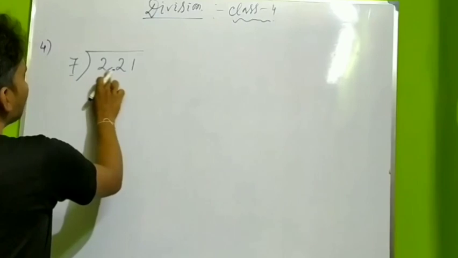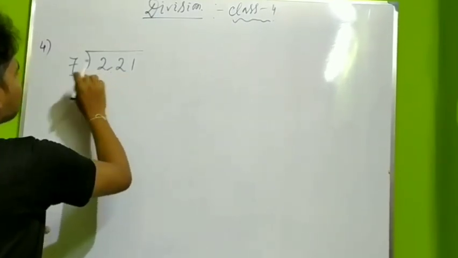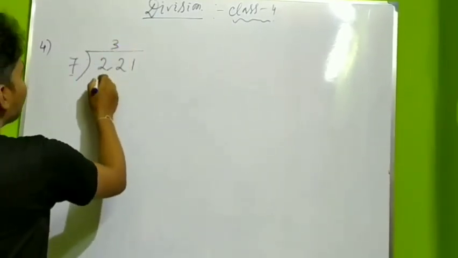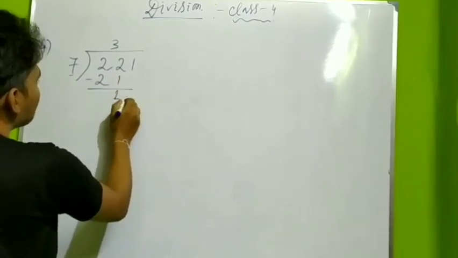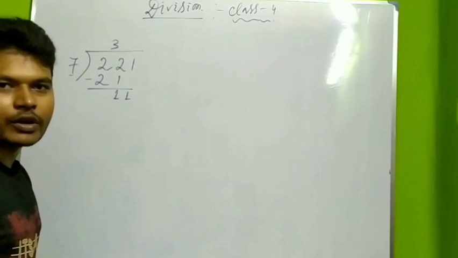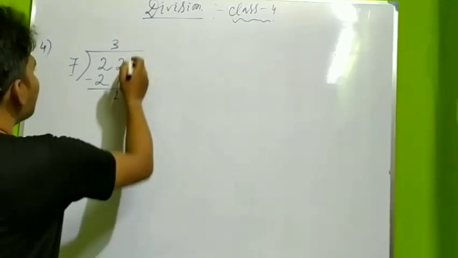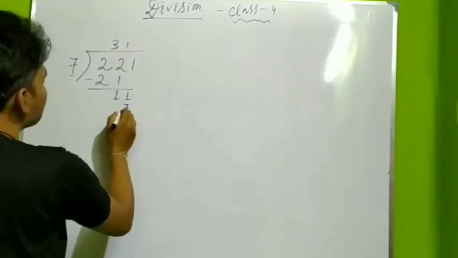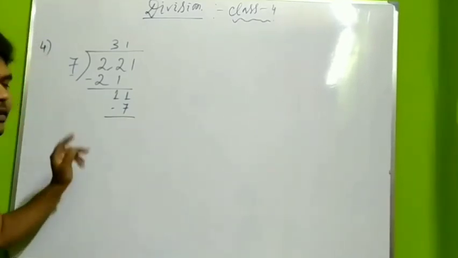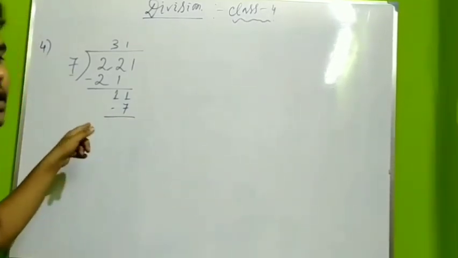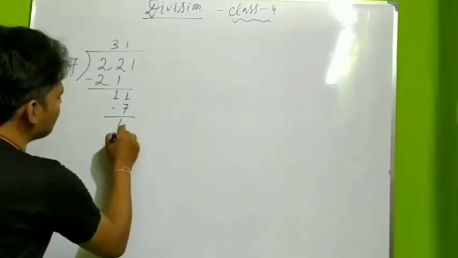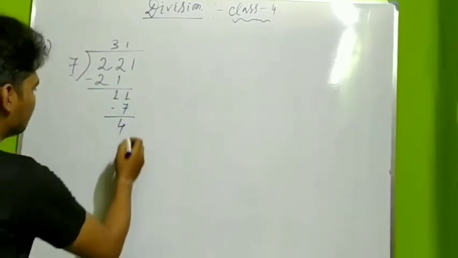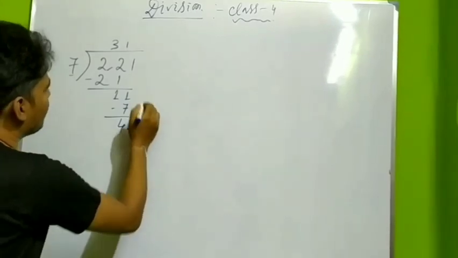Now you remember the multiplication table of 7. 3 into 7 equals 21, minus, 1 comes down, 1. Then 7 into 1, 7. But if we take 7 into 2, that is 14, which is greater than 11. So we take 7 into 1, 7. And 4 is the remainder.